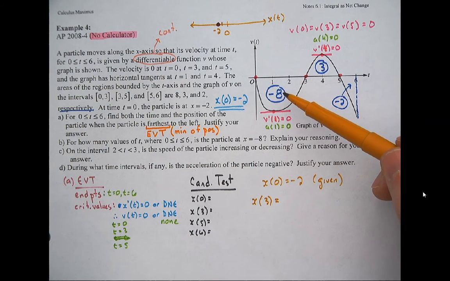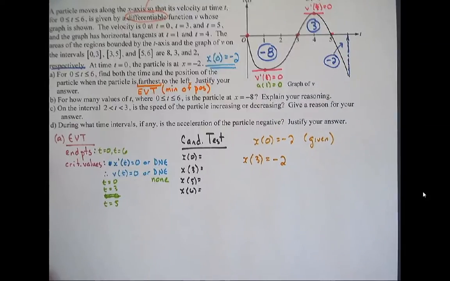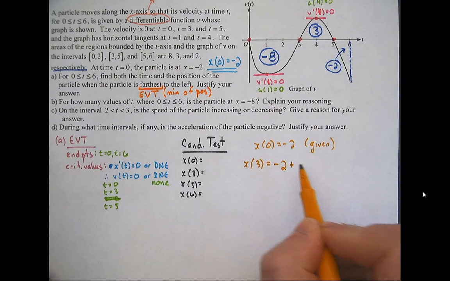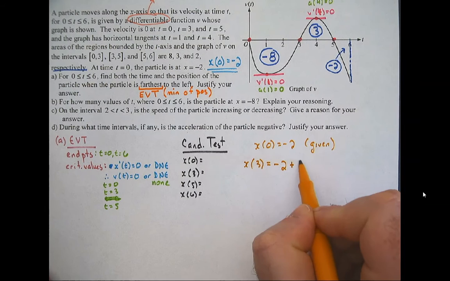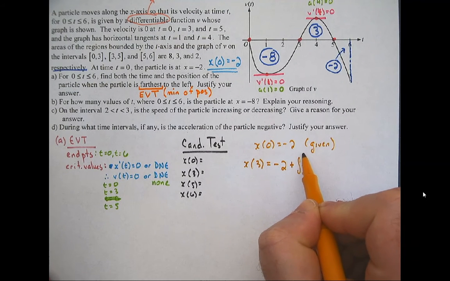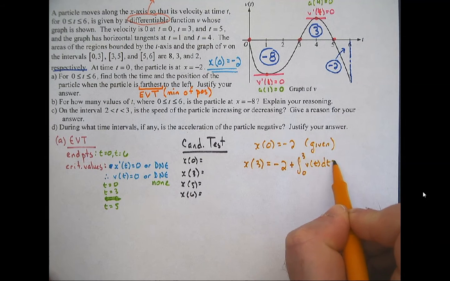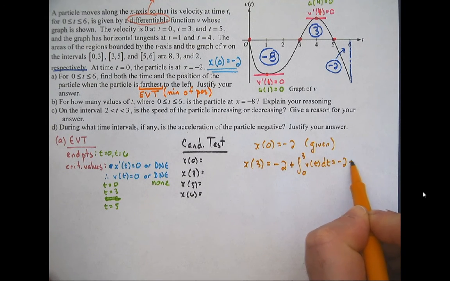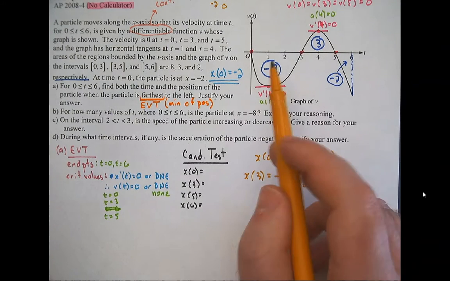So what do we need to know first before we can figure out how much we've changed? We need to figure out where we started. So where did our particle begin? Our particle began at -2, and then from there, we added on some change. That's the integral from 0 until 3 of v of t dt. So that's -2 plus, what's the integral from 0 to 3 of v of t?